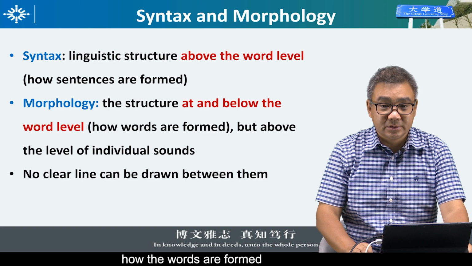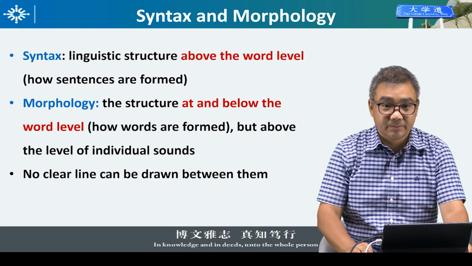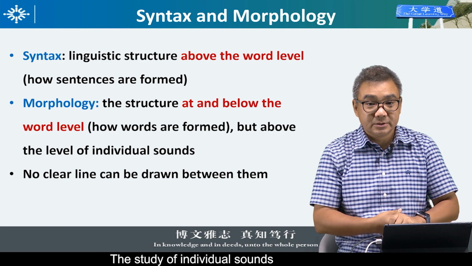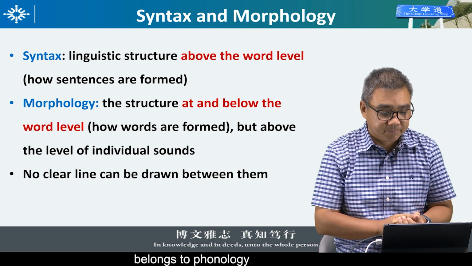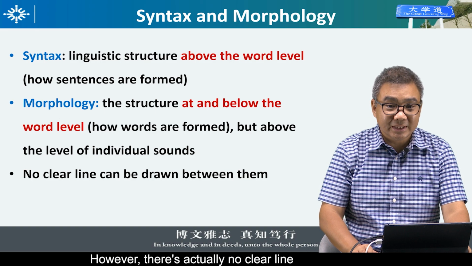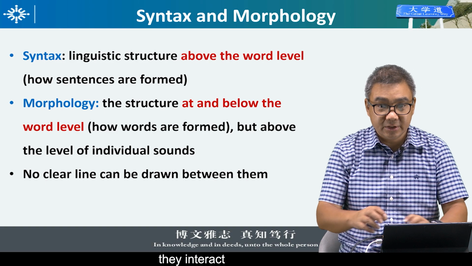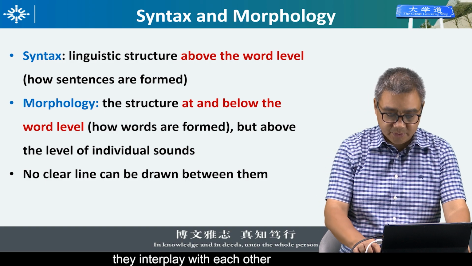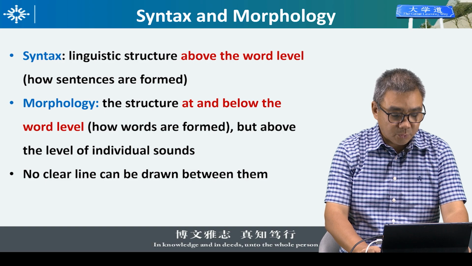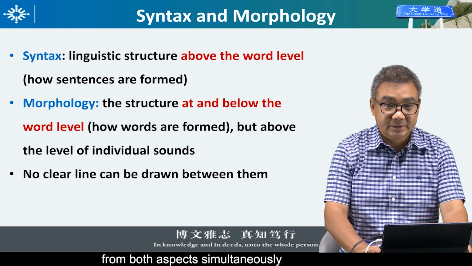How the words are formed, but above the level of individual sounds. The study of individual sounds belongs to phonology. However, there's actually no clear line that can be drawn between syntax and morphology. They are interplayed with each other. We need to understand the language by both aspects simultaneously.